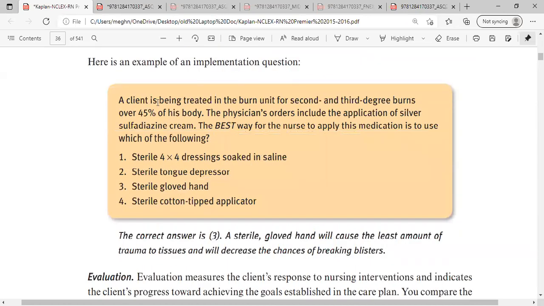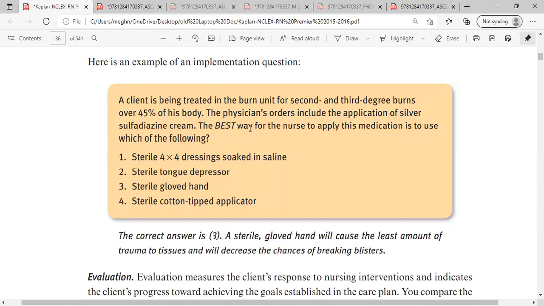A client is being treated in the burn unit for second and third degree burns over 45% of the body. So we have to follow the rule of 9 to count the percentage of body tissue involved. The physician order includes the application of silver sulfadiazine cream.